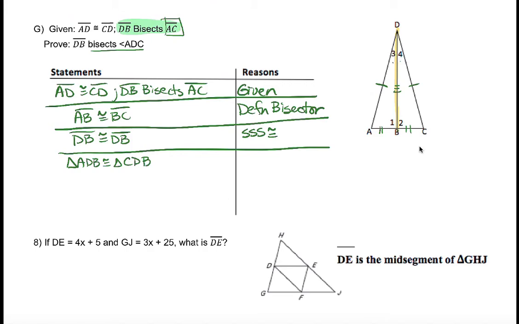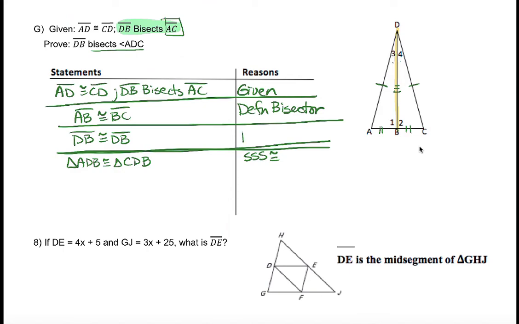The first one I just named, however, and the second one I had to make sure, whoops, side, side, side is for the triangles. DB congruent to DB was reflexive property of congruence. There we go. Now that's fixed.